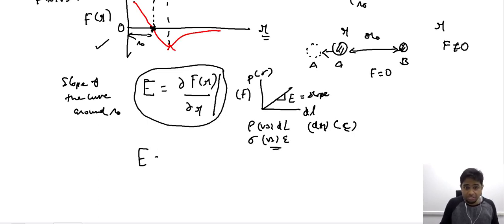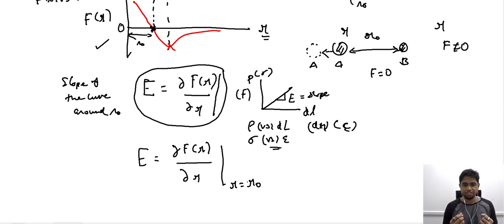So the more accurate way of writing this expression is that the Young's modulus is nothing but the slope of the interatomic force curve when expressed with respect to the distance between the atoms at the stable state. So Young's modulus is nothing but the slope of the interatomic force curve when plotted with respect to the distance separating the atoms at the stable state.